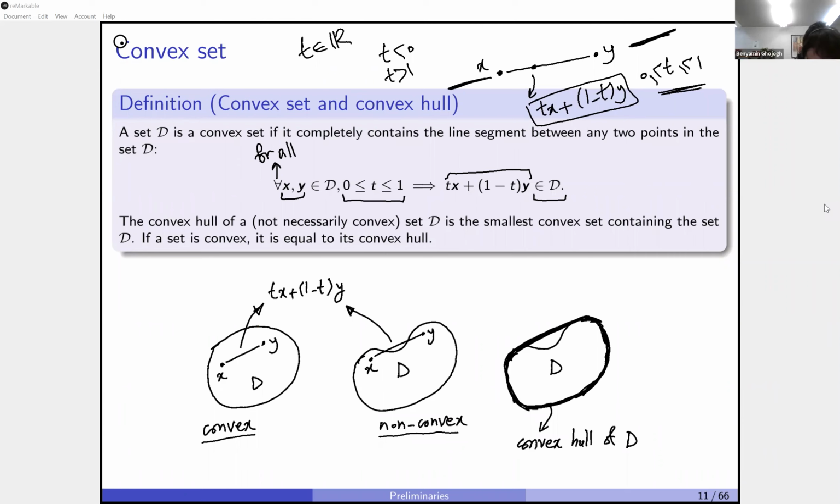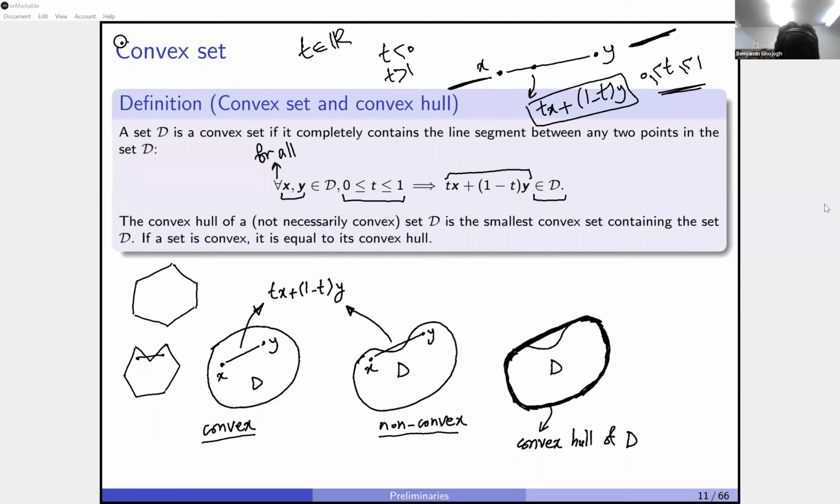It doesn't need to be round. It can be like this. This is also convex, but as you see, it's bumpy. But if a part of it is not bumpy like this, it is not convex anymore, because you find 2 points where the line is outside. It covers itself.